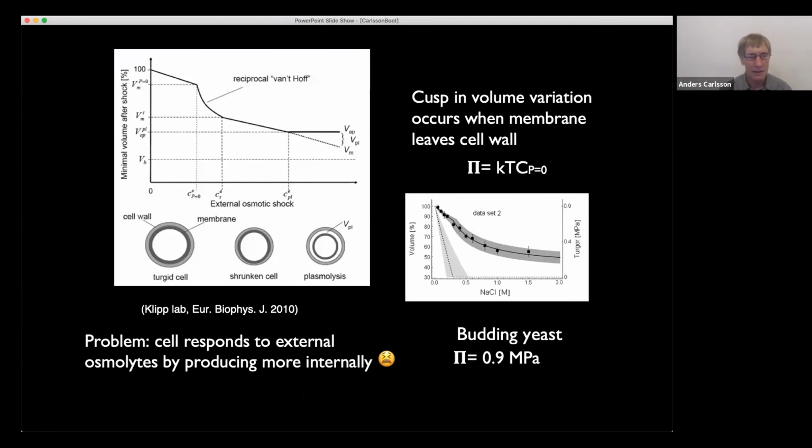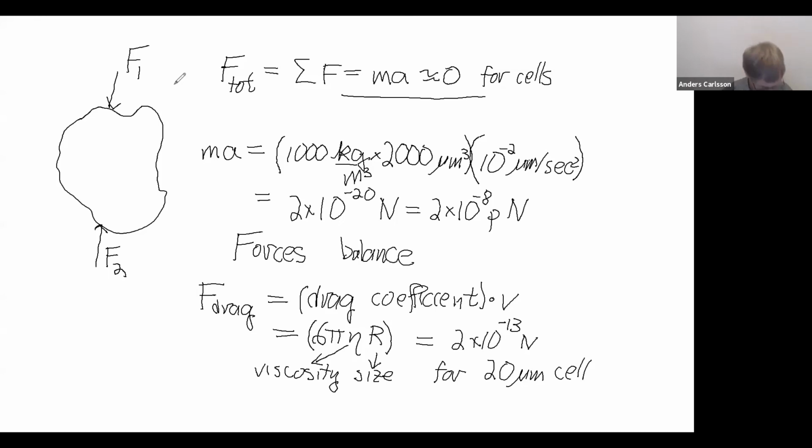Okay, now, before we look at this, let's remind ourselves of a little bit about osmotic pressure. Okay, so let's draw ourselves a cell with a cell wall. And then we're also going to have a membrane inside that cell wall.